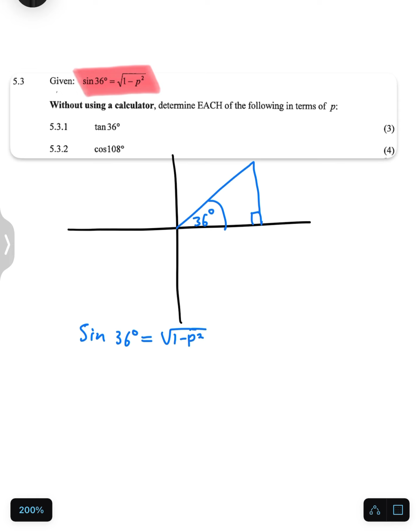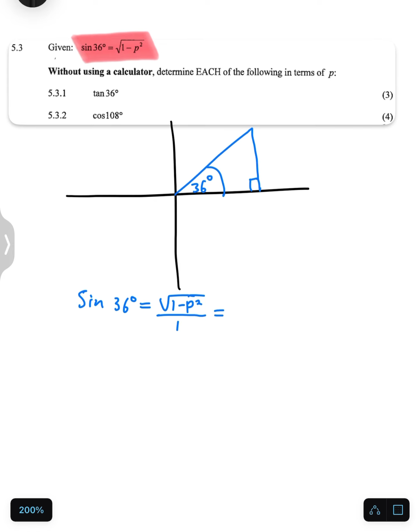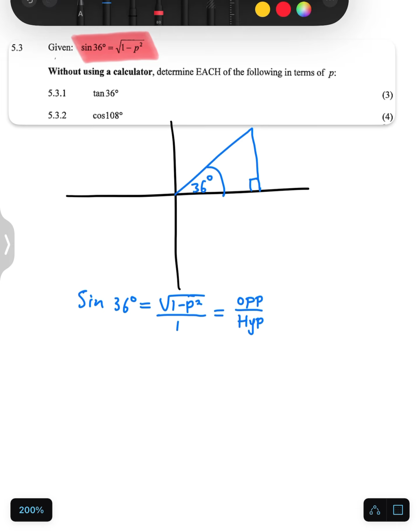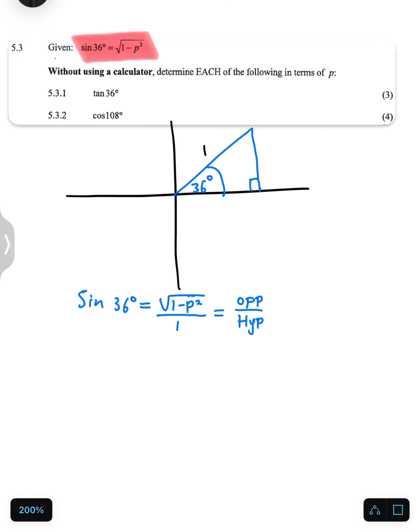But we're just going to divide this by 1 because we want to have two sides represented by that. So we know that sine is opposite over hypotenuse. So in this case, the opposite side is root of 1 minus p squared, and therefore the hypotenuse will be 1. So I'm just going to write that in our diagram.